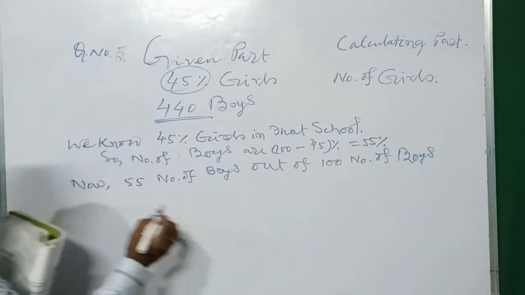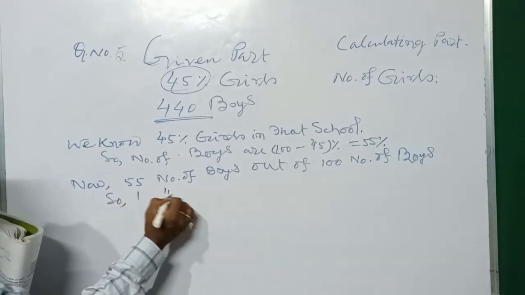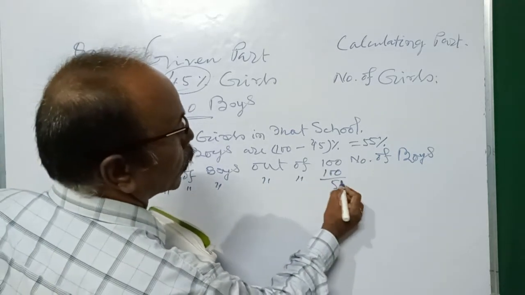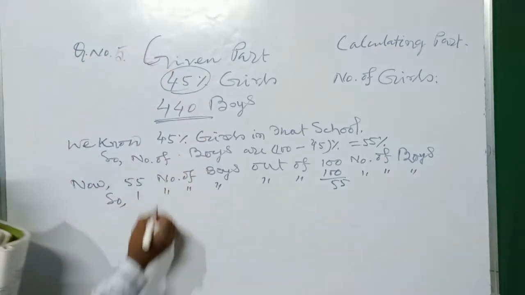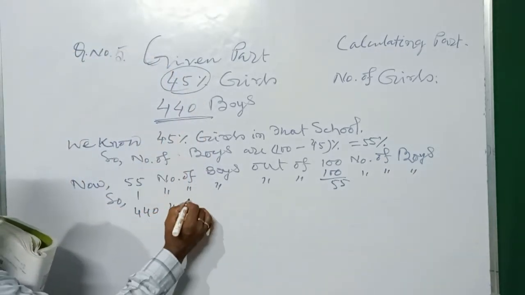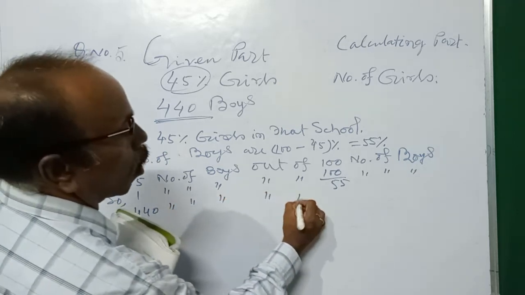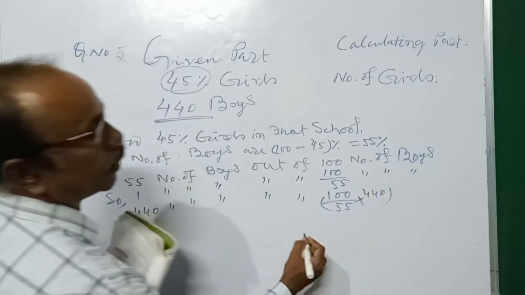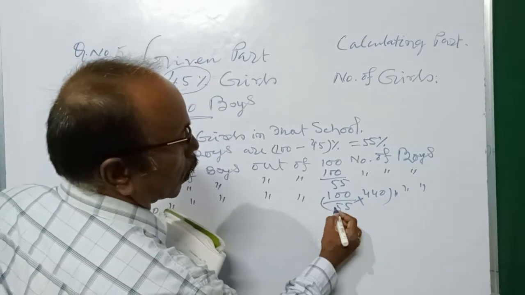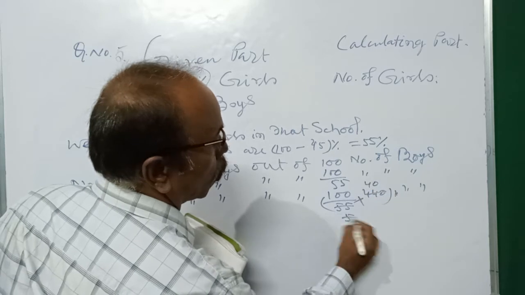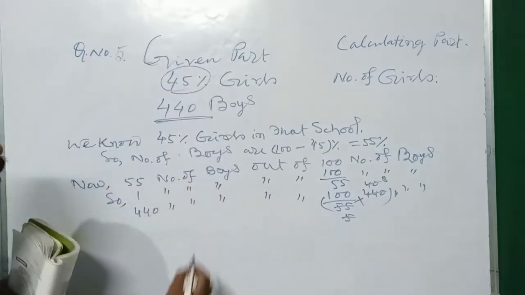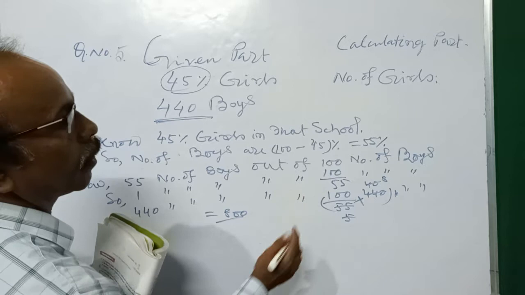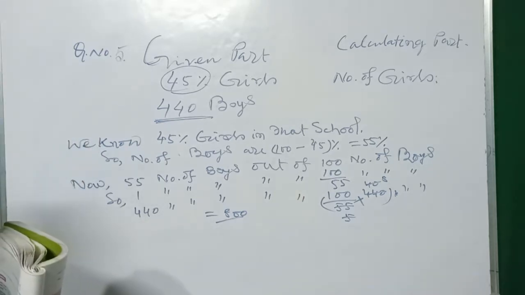So 1 boy out of 100 divided by 55, and 440 boys out of 100 divided by 55 into 440. 11 5s are 55, 4 times 5 is 20, it comes to 800. Sorry.